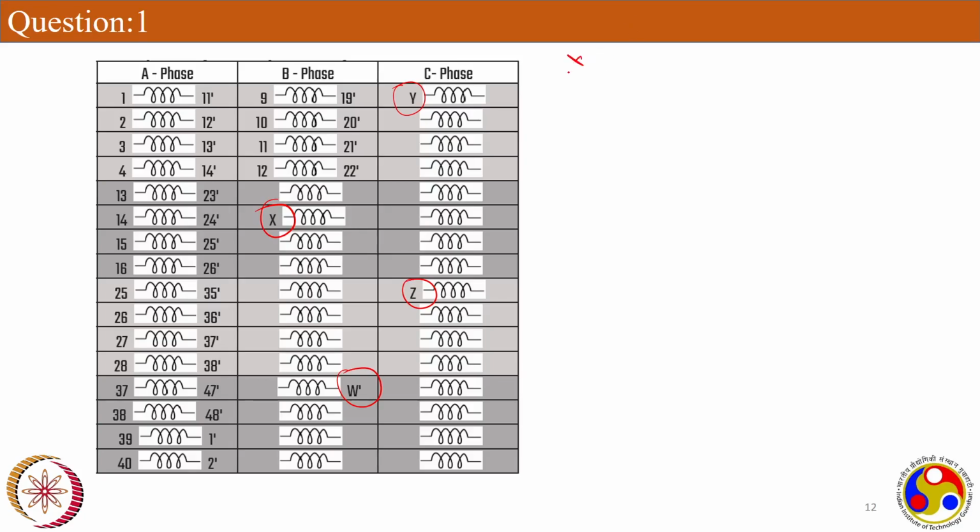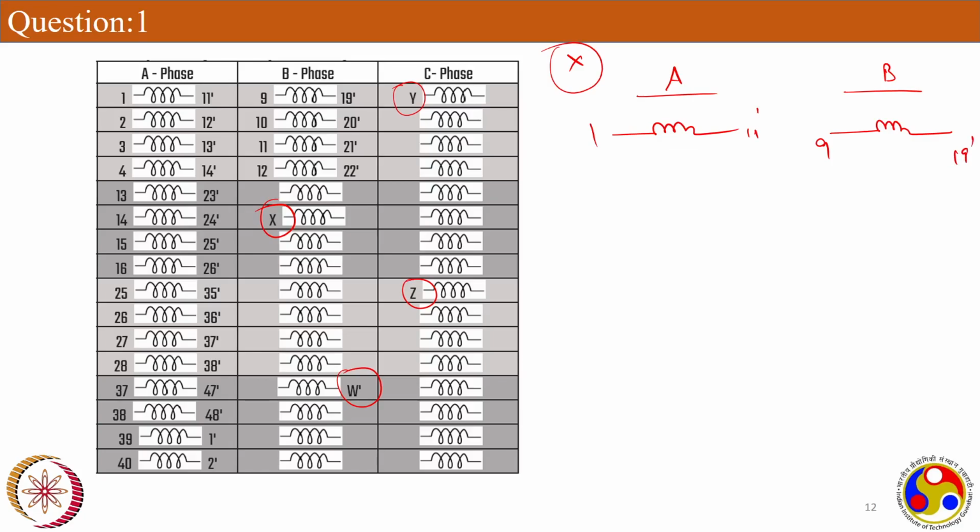So let's calculate x first. You are seeing A phase and B phase. Let me take the first coil itself, 1 and 11 dash, and this is 9 and 19 dash.